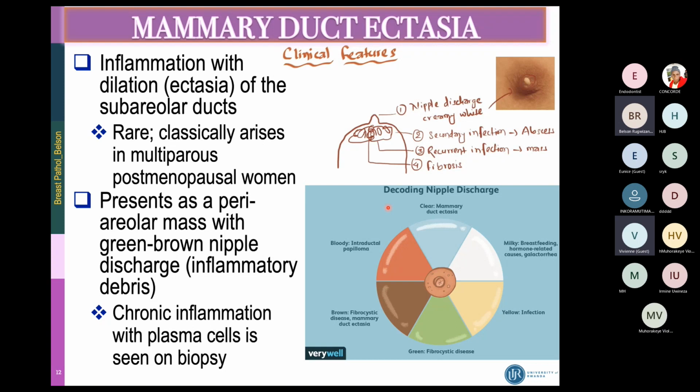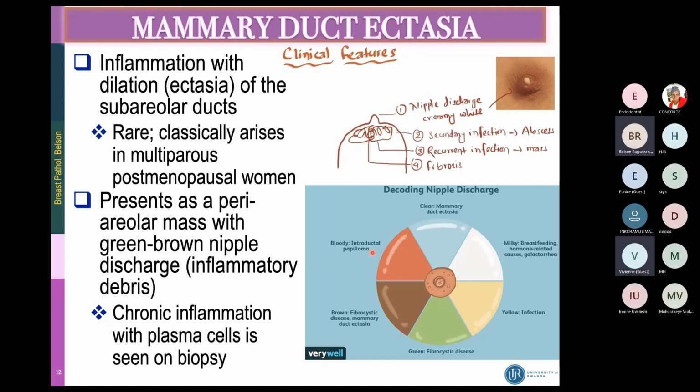So when it is bloody, reddish, usually it is due to what we call intraductal papilloma. We'll see it; it is a benign tumor arising within the large ducts of the breast. When it is brown, it is fibrocystic disease or mammary duct ectasia. When it is clear, usually it is also mammary duct ectasia, and you see that mammary duct ectasia can present as either clear or brown discharge.